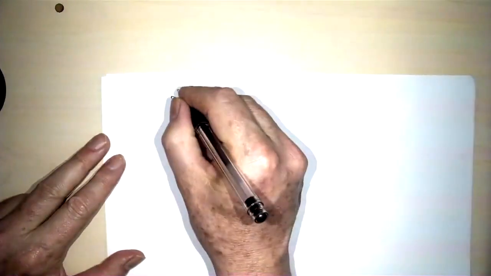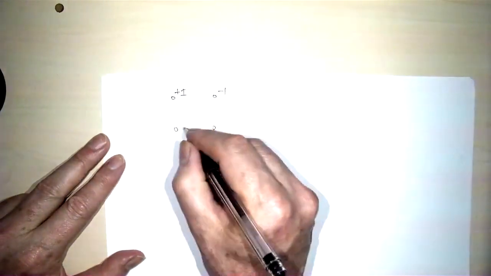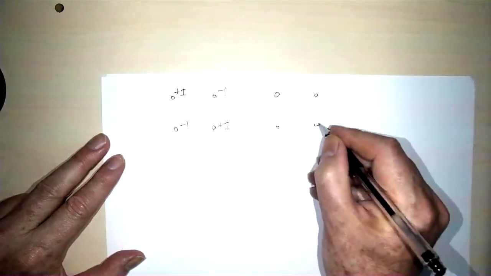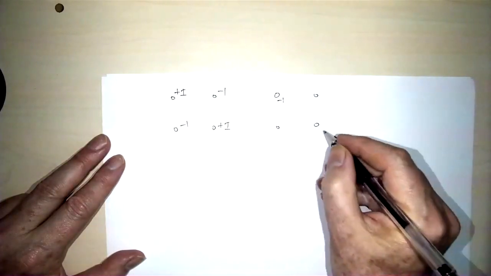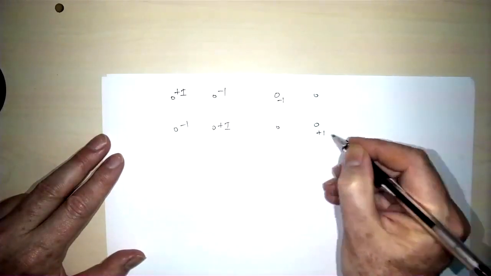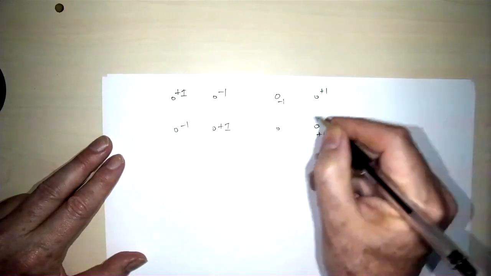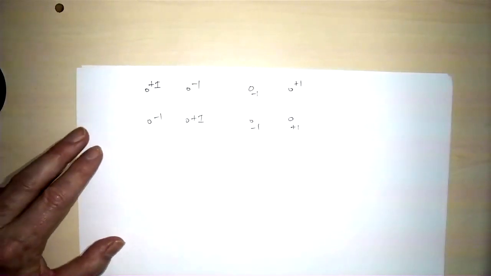Let's suppose one image looks like this, +1, -1, -1, +1, and another image is -1, +1, +1, -1.